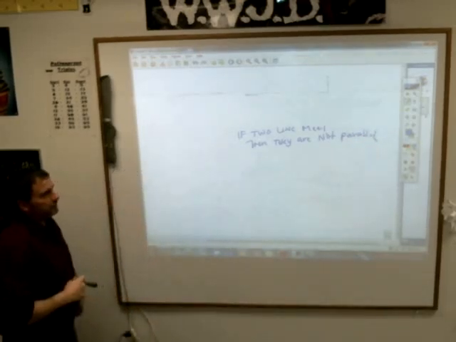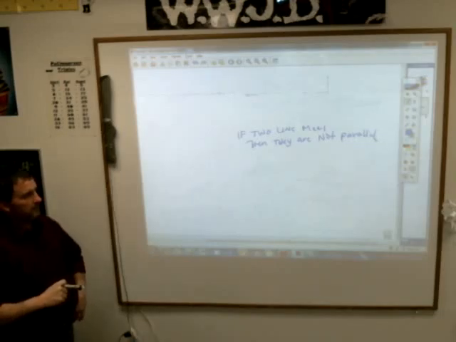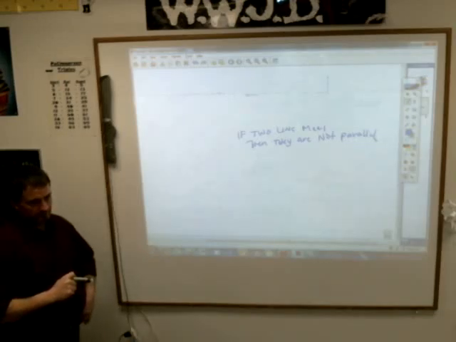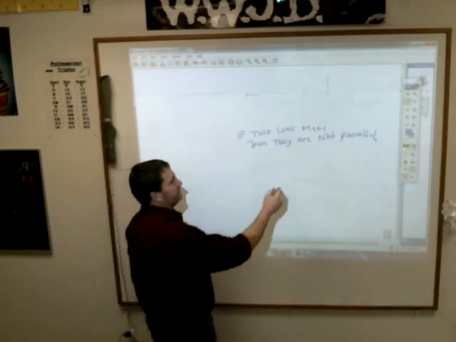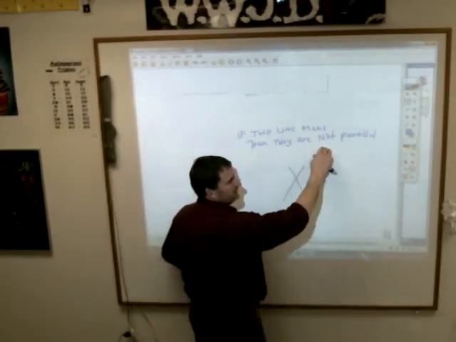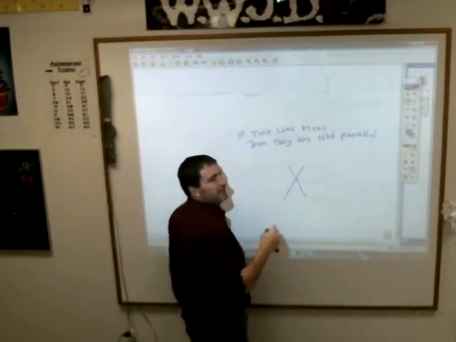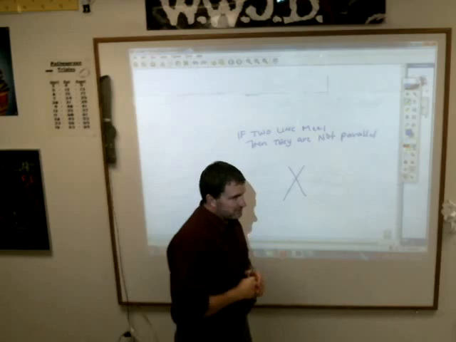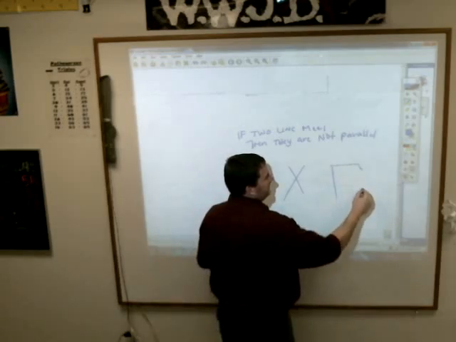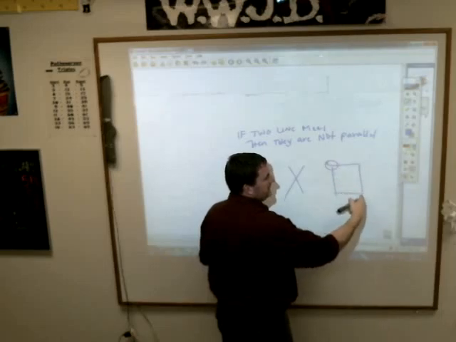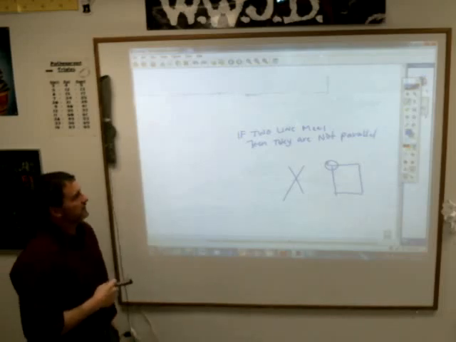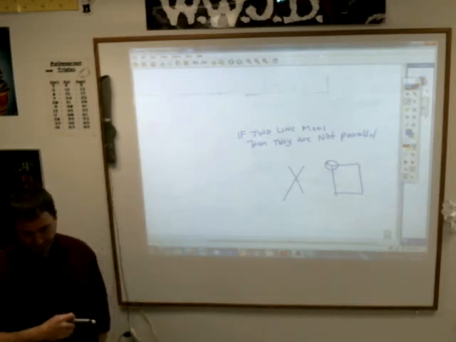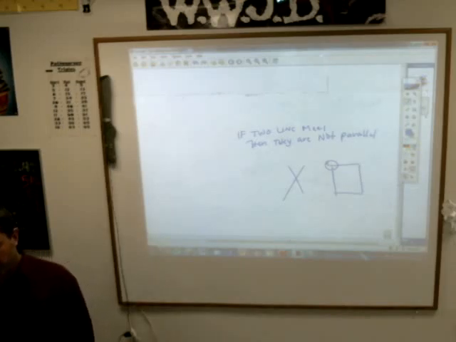Can you give an example of two lines that meet that would be parallel? You have to give an example of two lines that would meet, but they don't meet. The two lines would have to cross. Are those lines parallel? No, that's false. So this is true. If two lines meet, then they are not parallel. It's a little bit of thinking, that's why we don't do a lot.